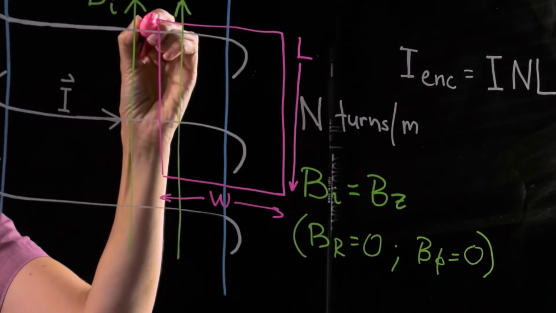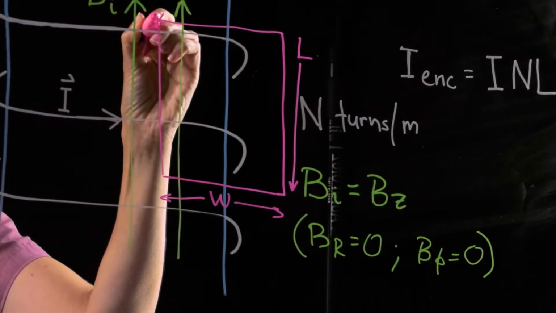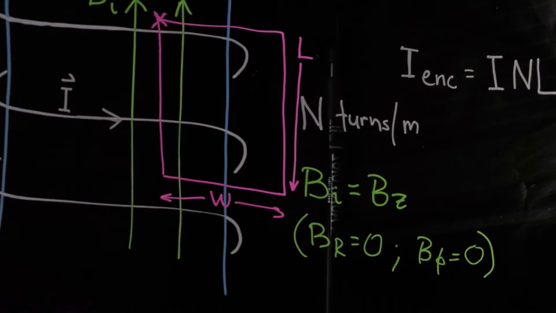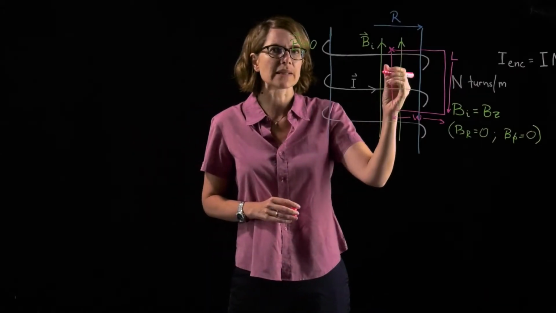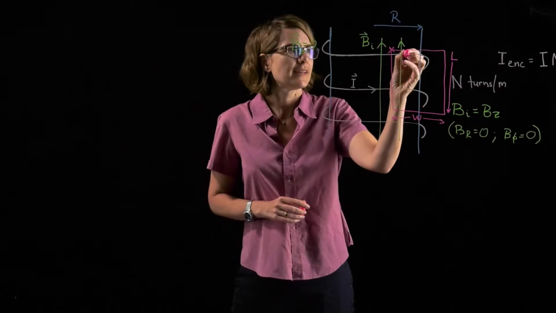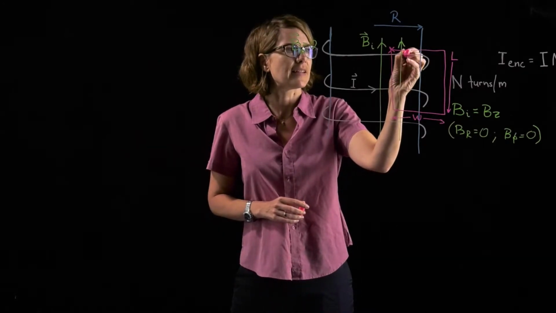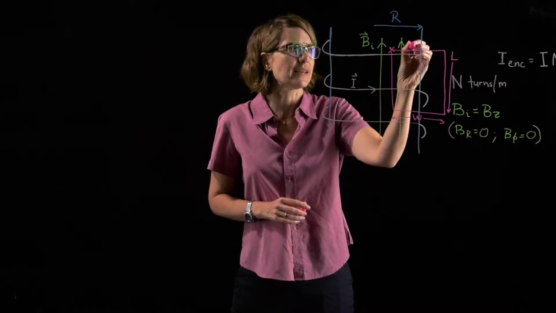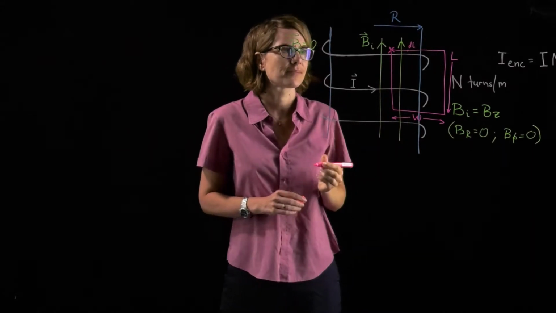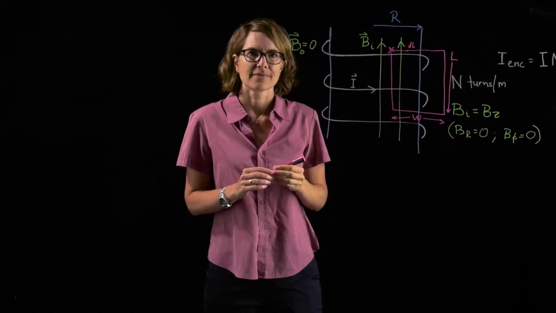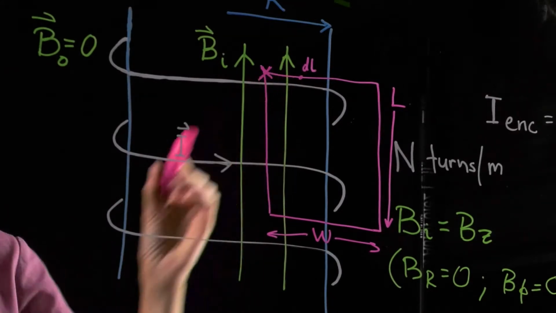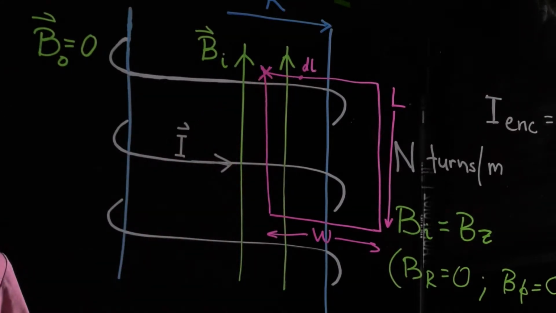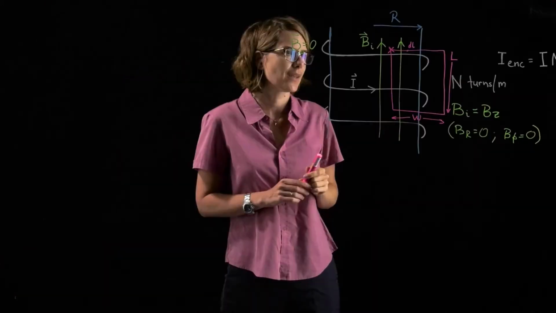Let's start at this point here. We're going to see what happens when we have an infinitesimally small loop element. Let's look at our dl here. We're going to move around in the direction that's given by the right-hand rule.